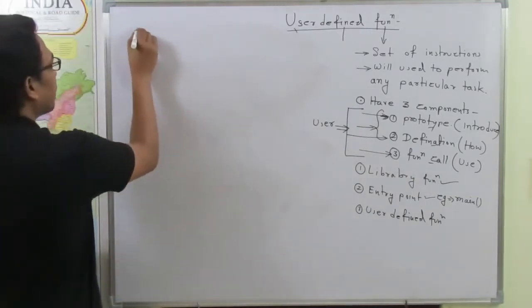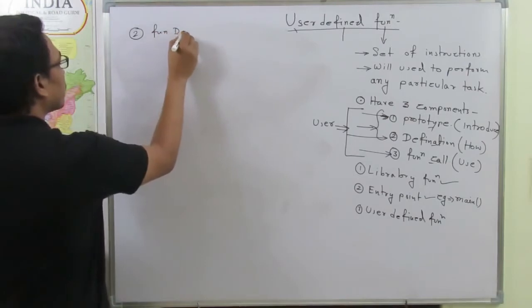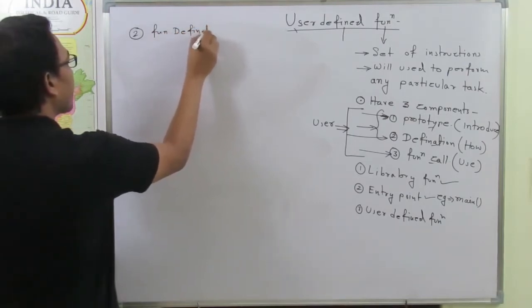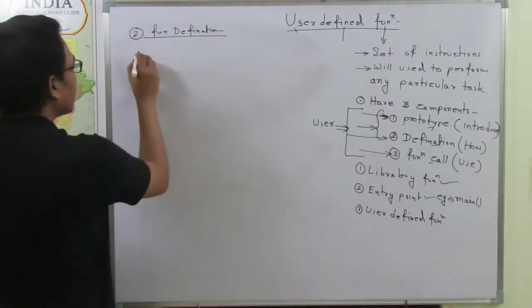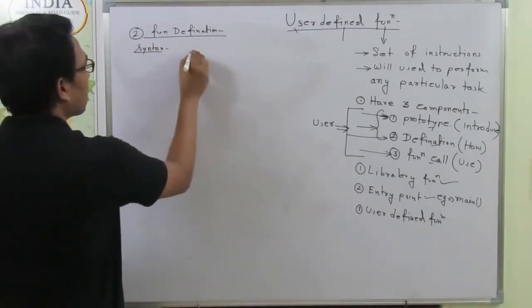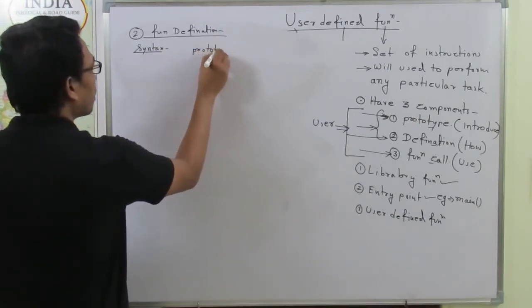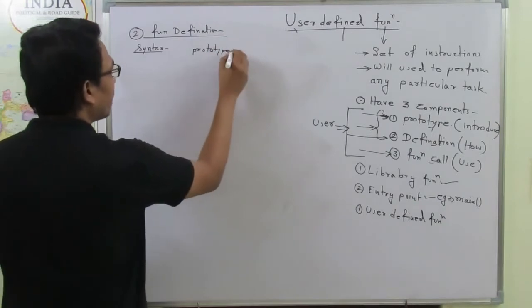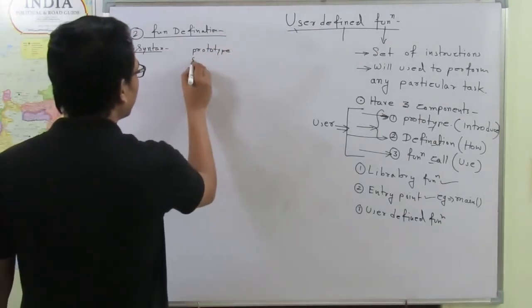Function definition, number 2. The syntax of function definition is, first of all, the prototype as it is will come, and then the function body.